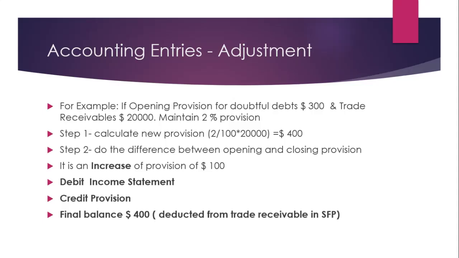We debit the income statement under the less expenses section and credit the provision account by $100. When you balance the account, it gives the balance of $400, which is again deducted from trade receivables in the statement of financial position.